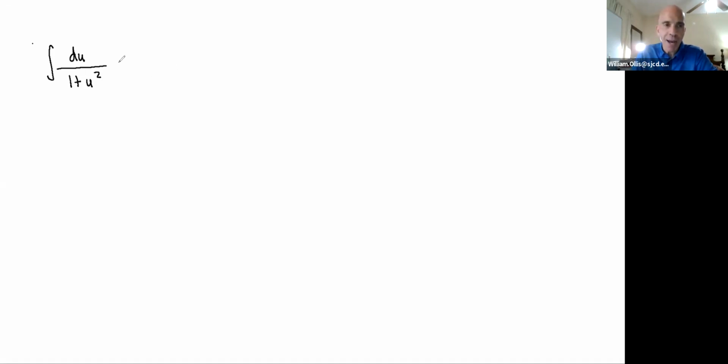Note that by integrating the derivative form, this is just the inverse tangent of u plus a constant. So even if you did this with the inverse hyperbolic, it's the same routine.